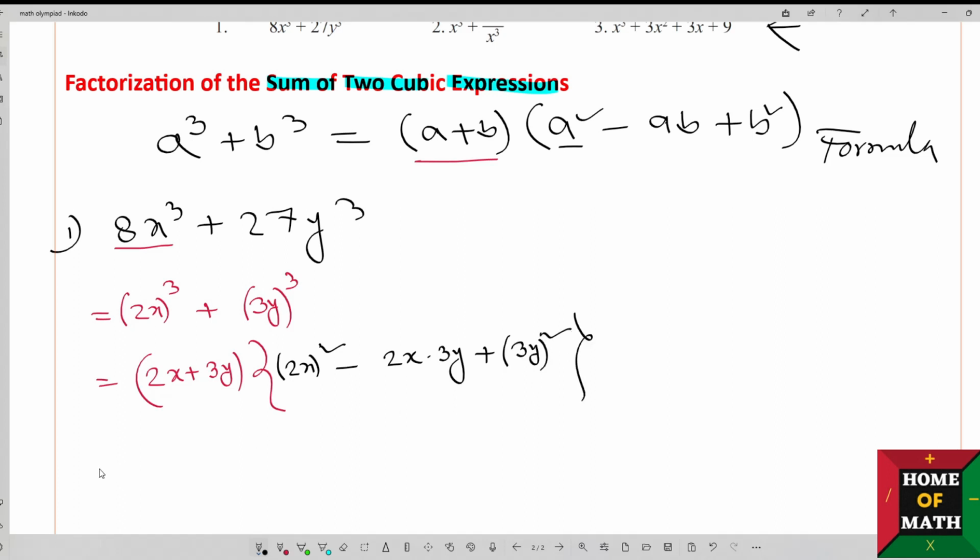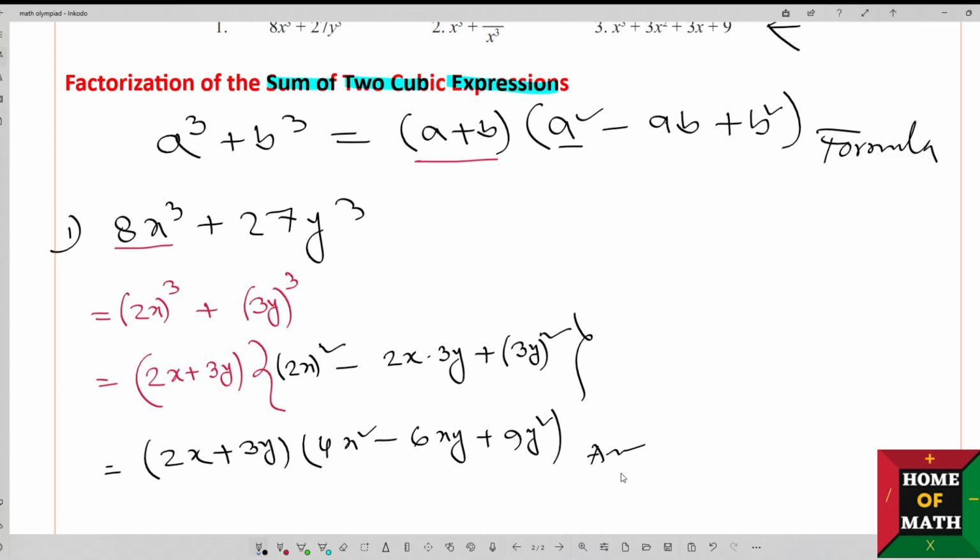Now here is 2x plus 3y, and 2 square means 4x square, minus 3 multiply 2 means 6xy, plus 3 square means 9y square. So this is the answer. Very short way we can solve the problem.